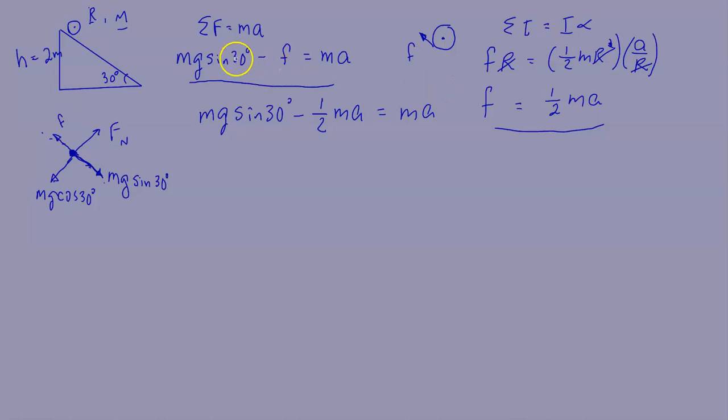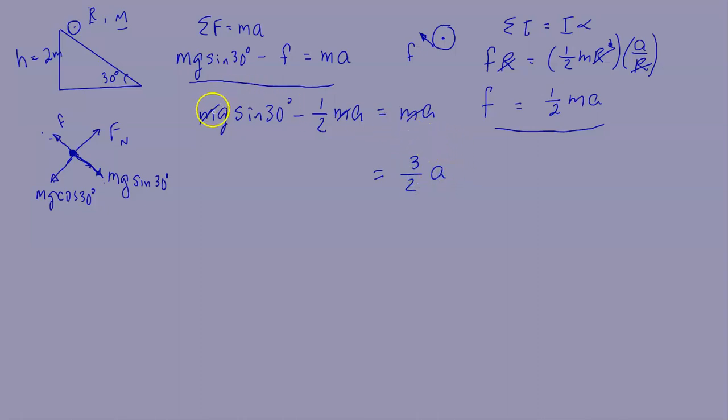Alright, so you can see masses cancel out. Masses are gone. We can go ahead and get this acceleration by basically solving the equation. We bring this over here, that's going to be 3/2 a.